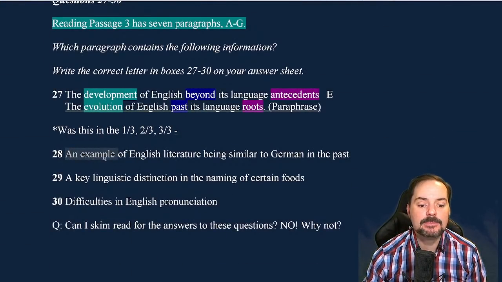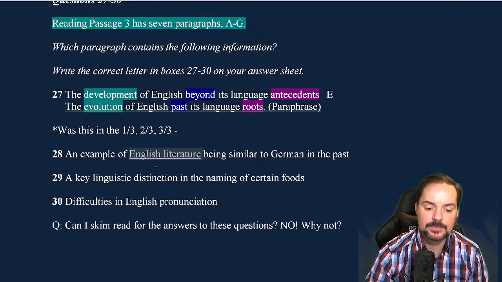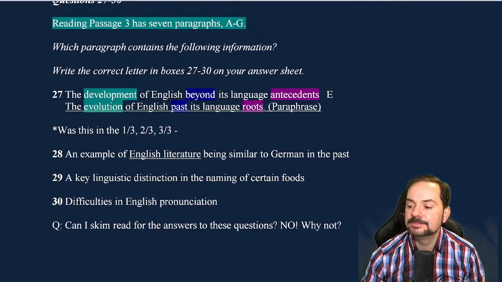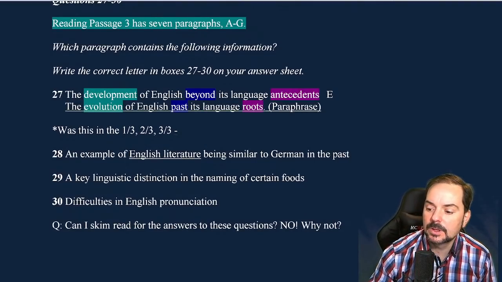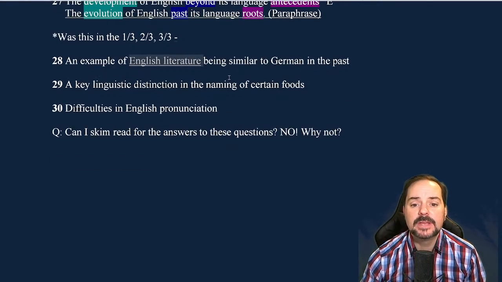An example of English literature being similar to German in the past. Number 28. If we're paying attention to English literature here, we can figure this out. So what's the answer to this one? An example of English literature.